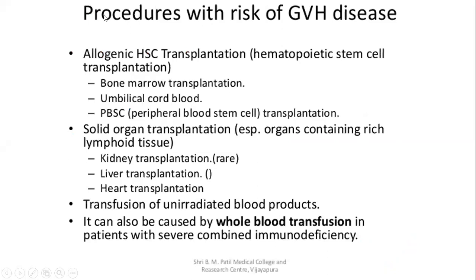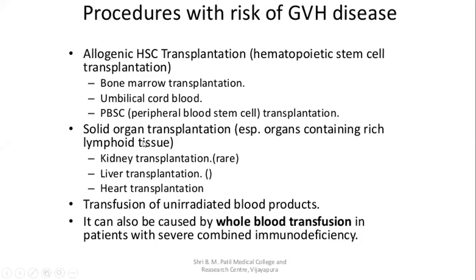Several transplantation conditions carry a risk of GVH disease. For example, allogeneic hematopoietic stem cell transplant. We will see more on immunosuppressive drugs later. In hematopoietic stem cell transplantation, that includes bone marrow transplantation, umbilical cord blood, or peripheral blood stem cell transplantation, GVH disease might occur quite often.